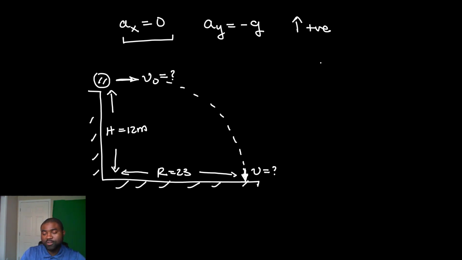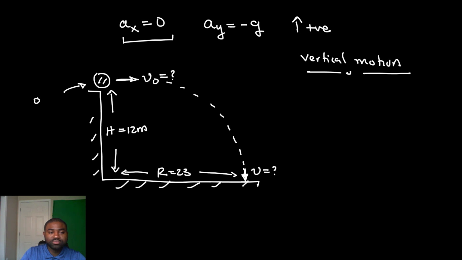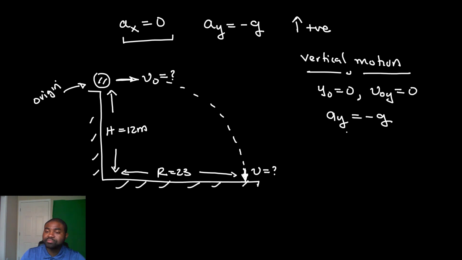So if we consider the vertical motion of the projectile, we know that initially we're going to take the origin to be at that point. So initially y naught is 0. V o y, the initial velocity in the y direction, is 0, and the acceleration in the y direction is just negative g. So what do we know?